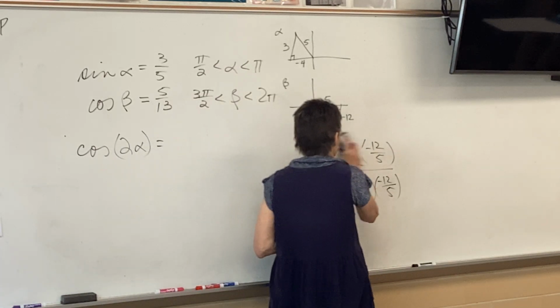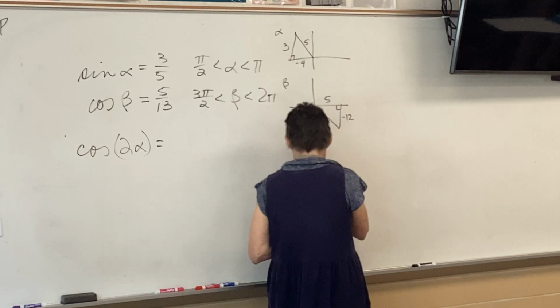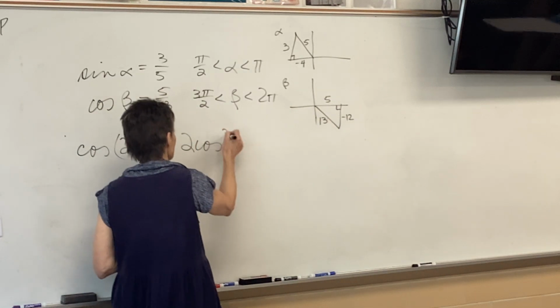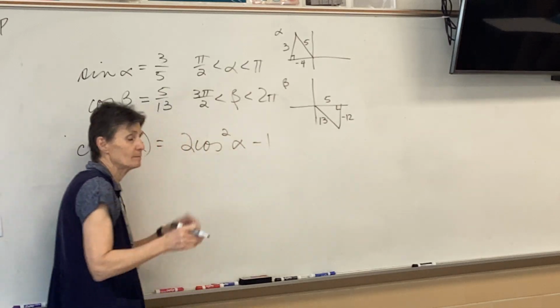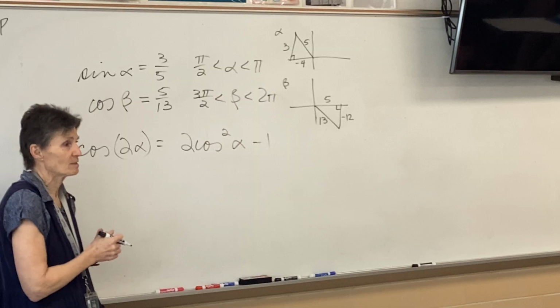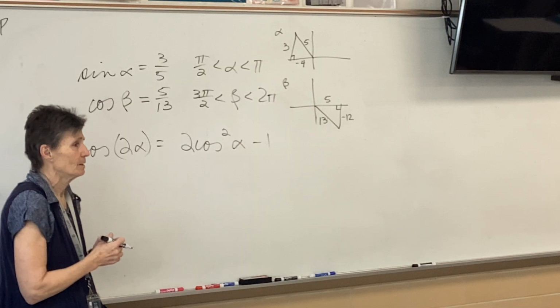You can just choose the one you want. There's 3 versions there, pick the one you want. He wants to do 2 cosine squared minus 1, that's fine. Any of them will work, you'll get the same answer, and it's basically the same amount of work.